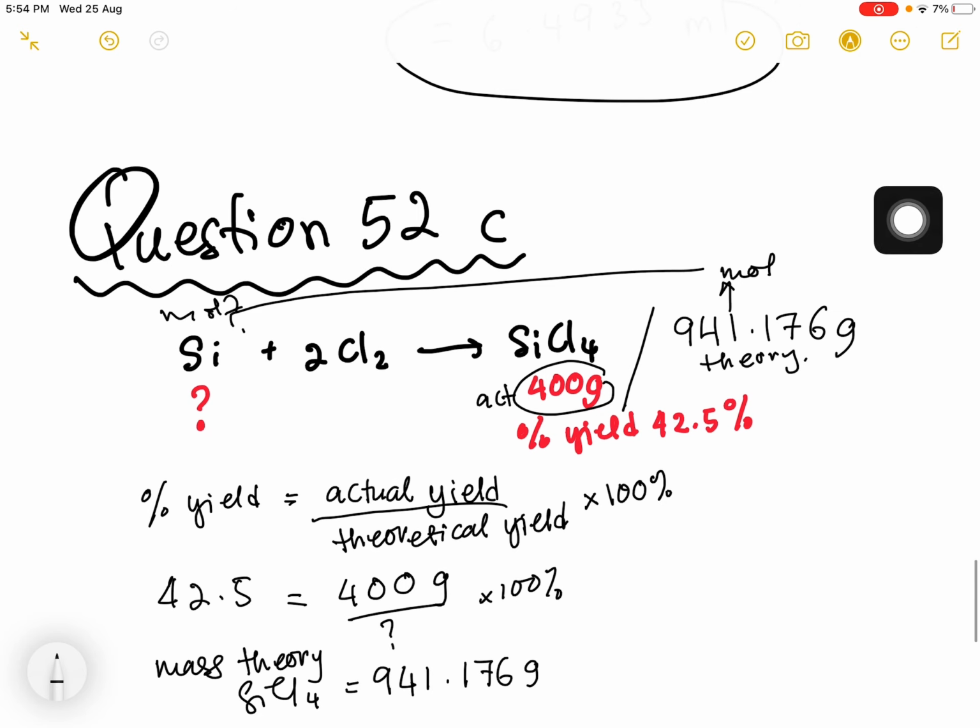Okay, look at the equation. The amount of silicon tetrachloride is determined by the amount of silicon.